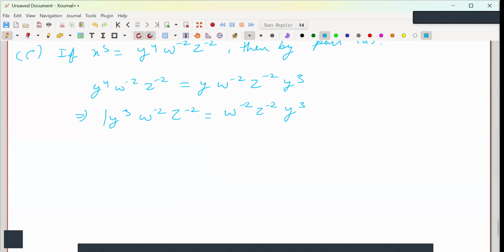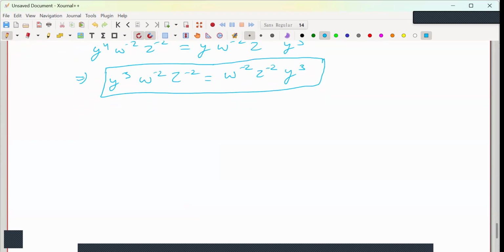So y cube should commute with w and z. Now clearly, if y belongs to the center of G, then this holds.